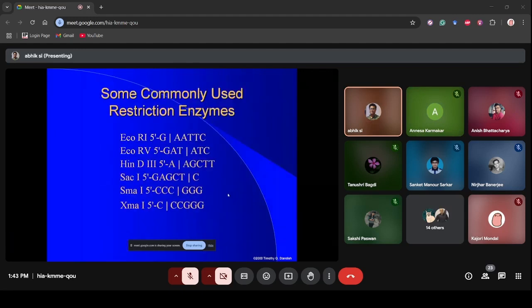Now students, these are some examples of restriction enzymes.